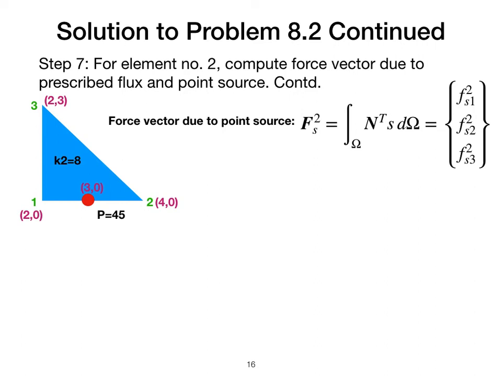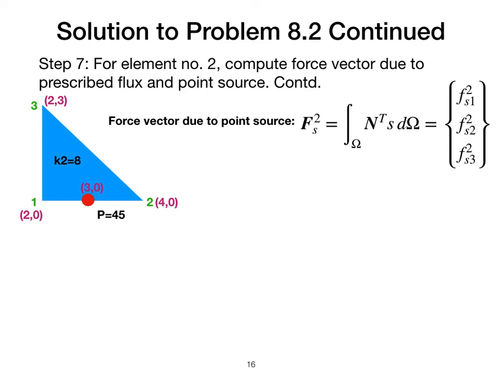Now, if we somehow express P, that is the point source, as a body source S, we will be able to calculate that. Let us say the final value we get because of the point source is a vector containing F2s1, F2s2 and F2s3 as members.